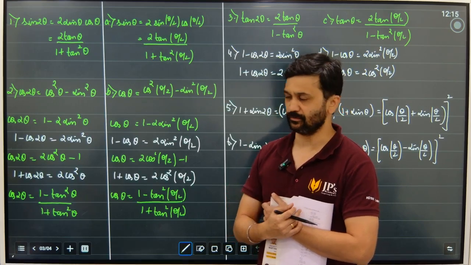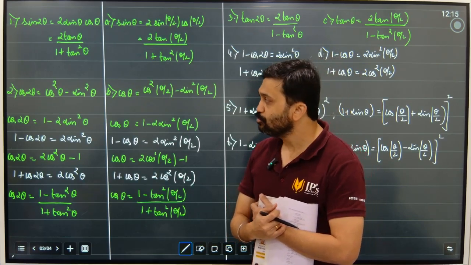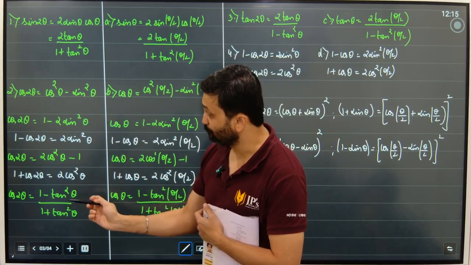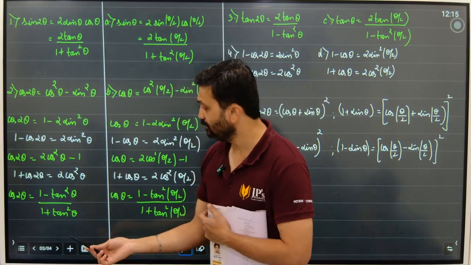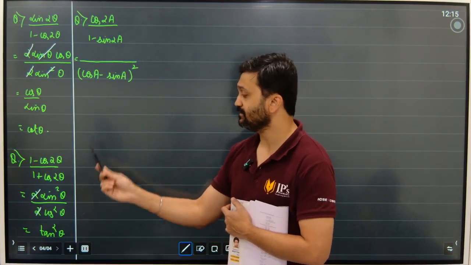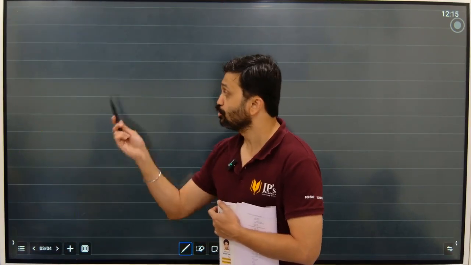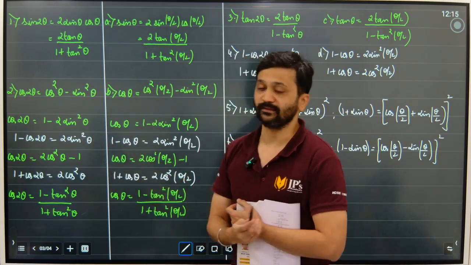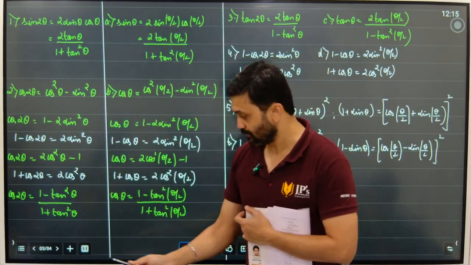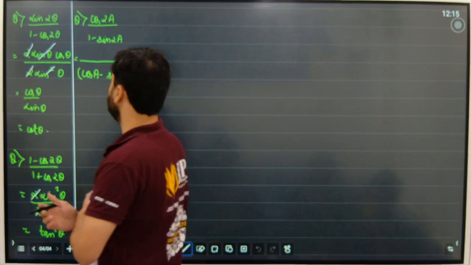A very simple scenario. I can use any of the 4 formulas, but I will look at the denominator. Denominator has cos and sin both, so I will also use cos and sin. There's only one formula that has both cos and sin.